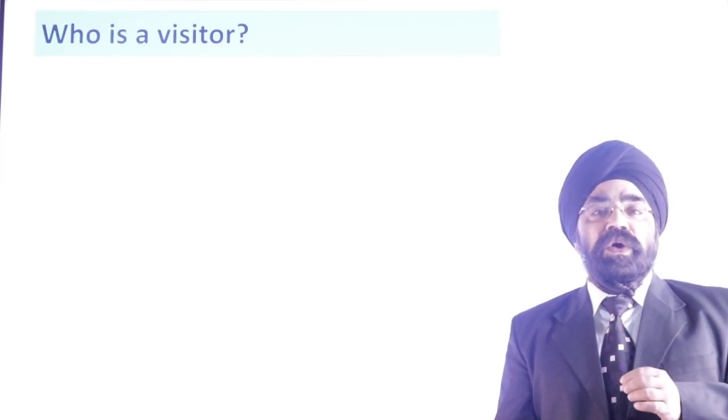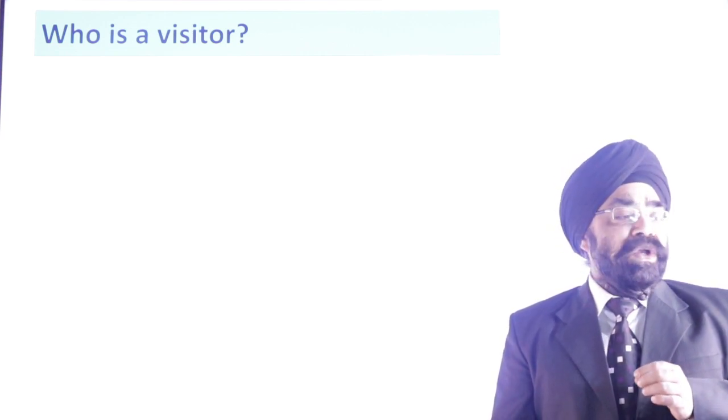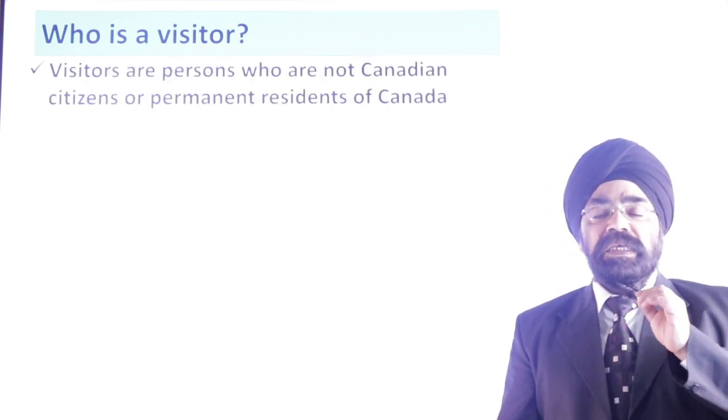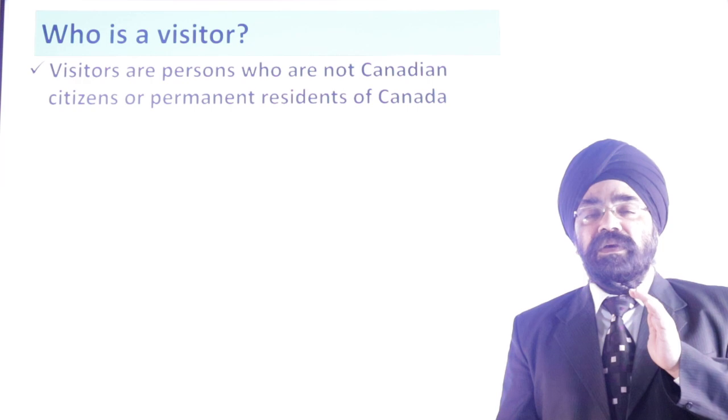Before going into the visitor visa, let me tell you who is a visitor. What is the definition of a visitor by Canadian law? A visitor to Canada is a person who is not a Canadian citizen or a permanent resident of Canada. Simple, straight. If he is either a citizen or a PR card holder, good.